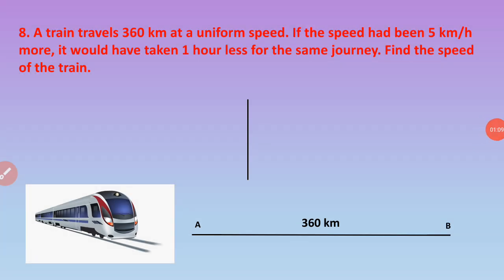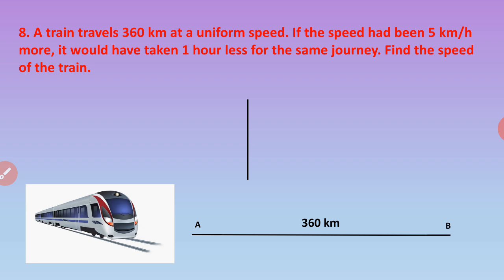Now children, you have seen that the distance between A and B is 360 km. The distance will always remain the same. Here we are told that if the speed had been 5 km more, that means initially whatever speed it was, the second condition is an increase in speed, then it would take 1 hour less.